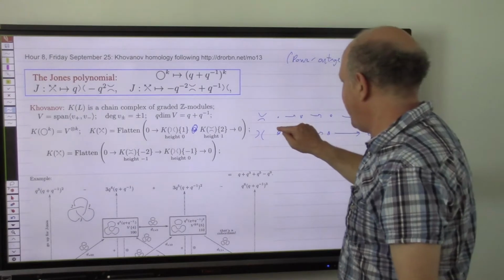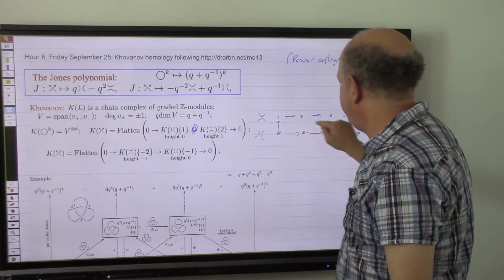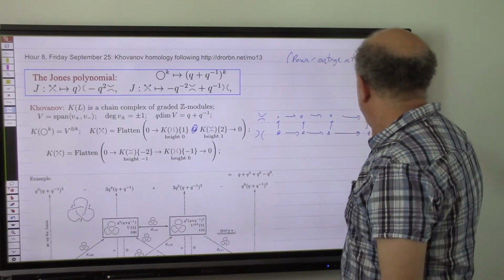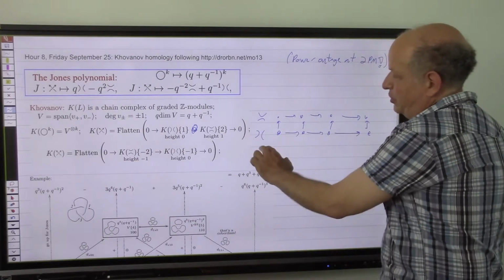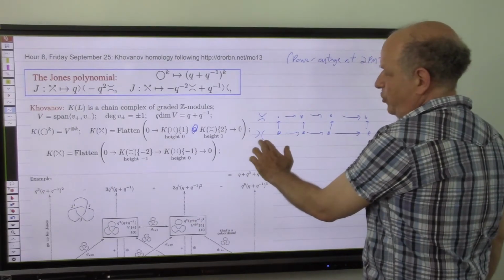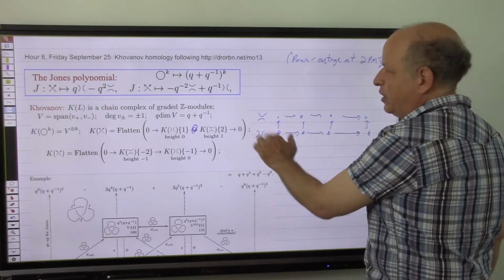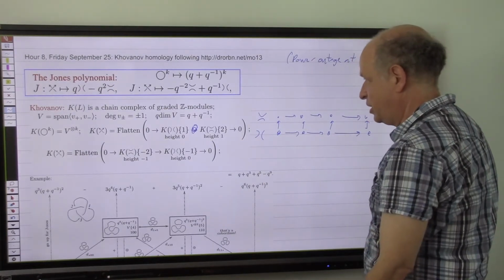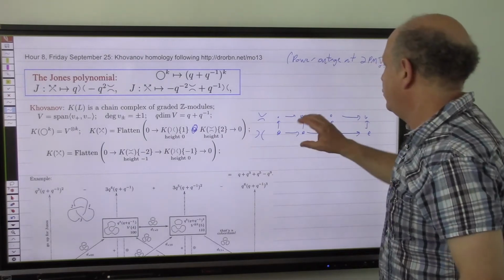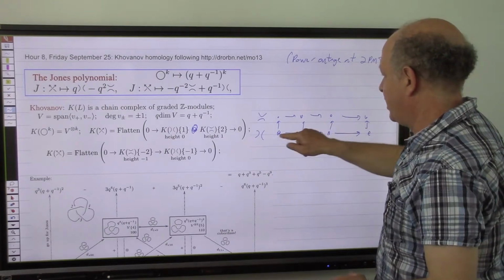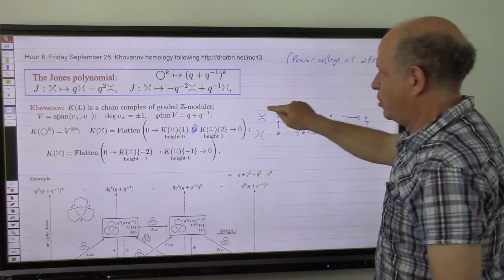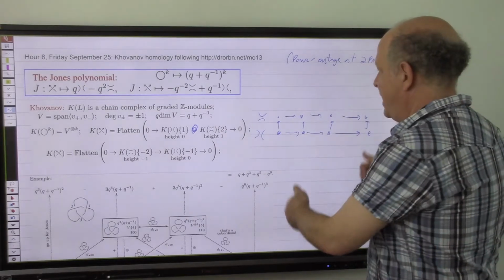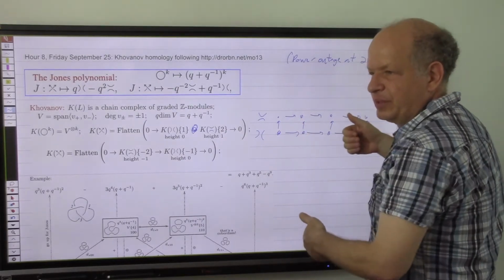So there will be a map going this way, and this is the map that corresponds to the transition from a zero smoothing to a one smoothing. Again, I will mention what it is very shortly. And so you get a complex below, a complex above, and a map between them.